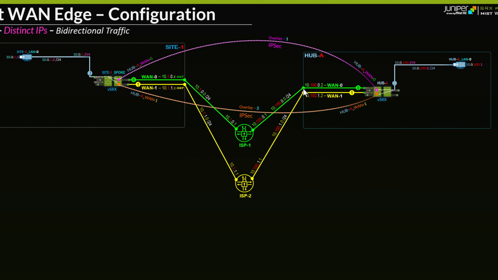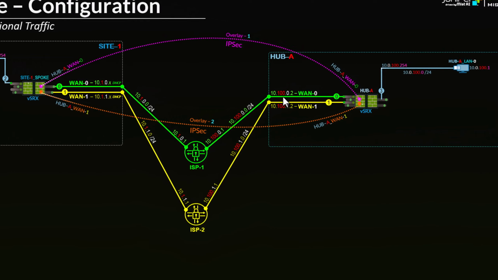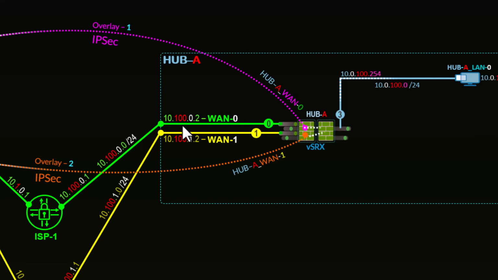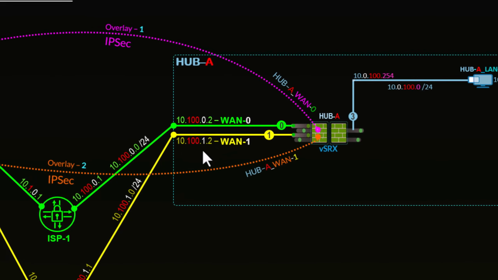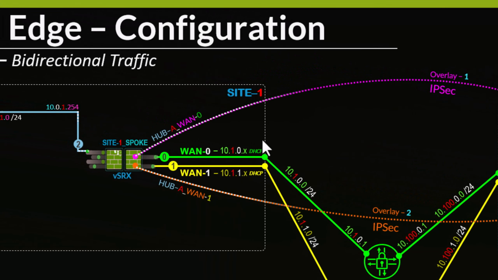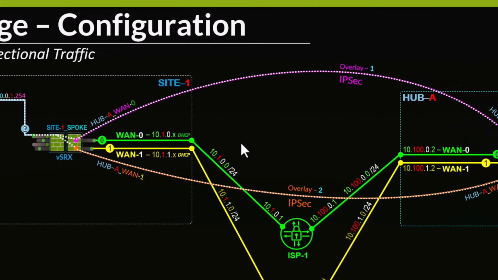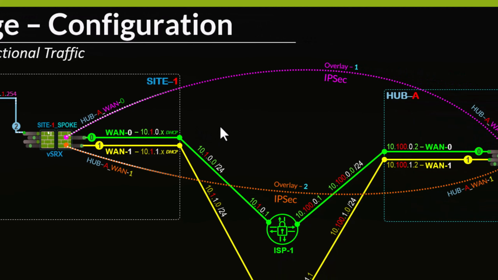As we see here, the hub has a static IP 10.100.0.2 on WAN 0 and 10.100.1.2 on WAN 1. Mostly you would need the hub to be on a static IP, because in order to form the IPsec tunnels, the spoke would need to initiate an IPsec tunnel through NAT-T towards the hub.